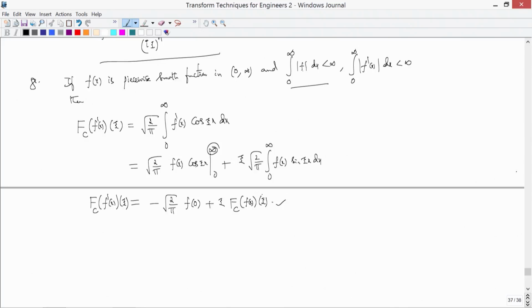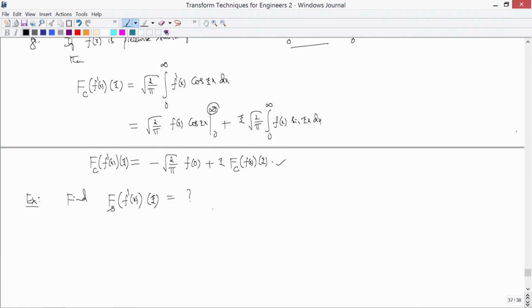Like this, we can write other formulas. Try to calculate them, or I leave it as an exercise. Find the Fourier sine transform of f dash of x, as a function of xi, under these same conditions.